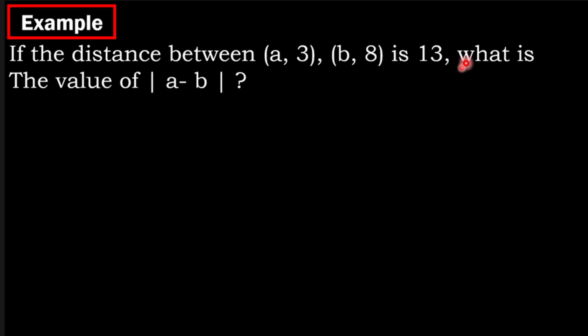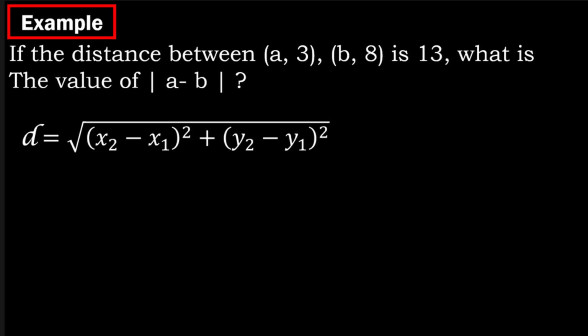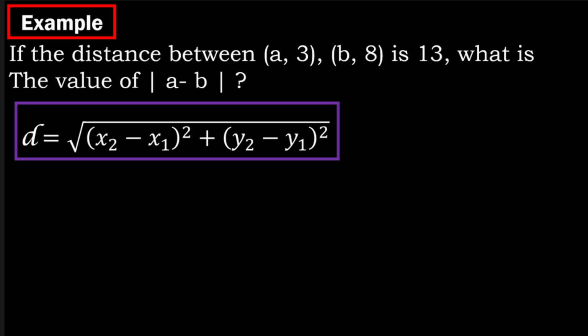We will start with the distance. Now we studied before that D equals what? Here write the rule, and we can square to get rid of the square root sign.